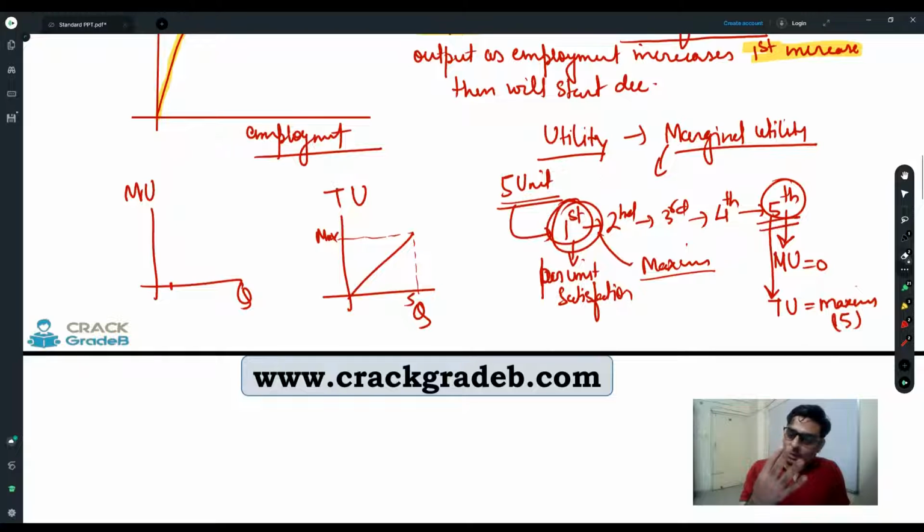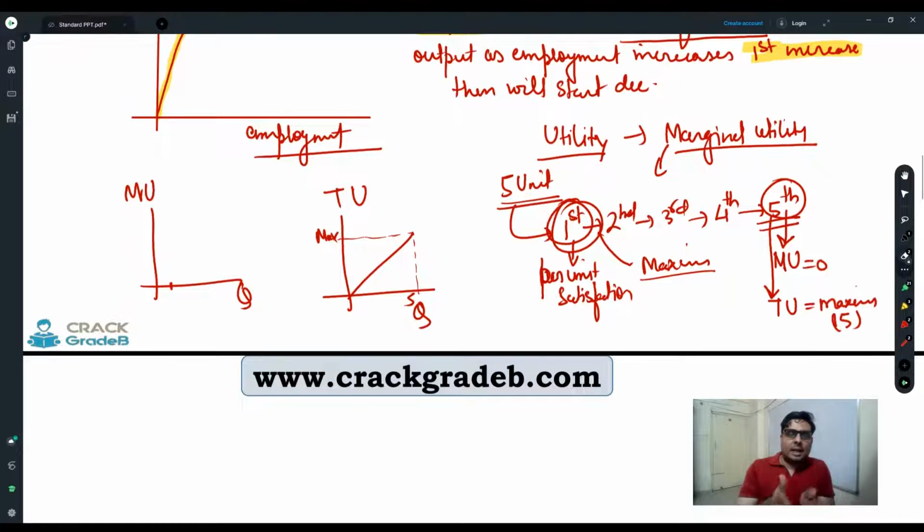Then when I ate the second one, I felt that I could eat three more, then two more, one more, and finally over. So my need to eat more is gradually decreasing.